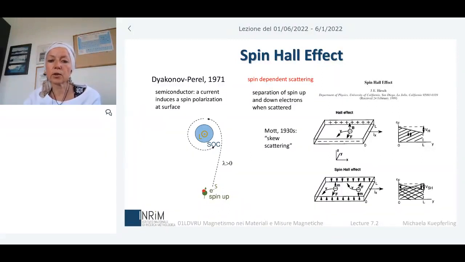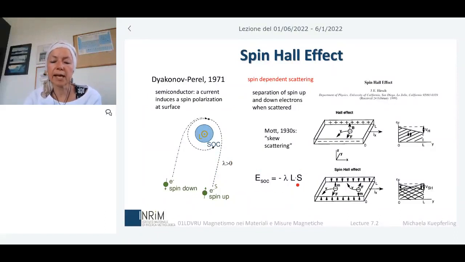So an electron with a certain spin will be scattered in one direction, and an electron with the opposite spin will be scattered in the opposite direction. Of course, in which direction depends on the spin-orbit coupling constant and on the spin-orbit coupling energy.